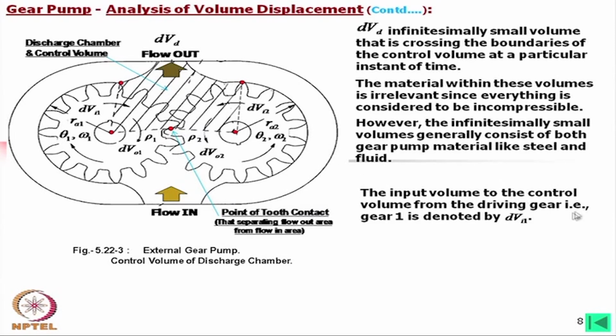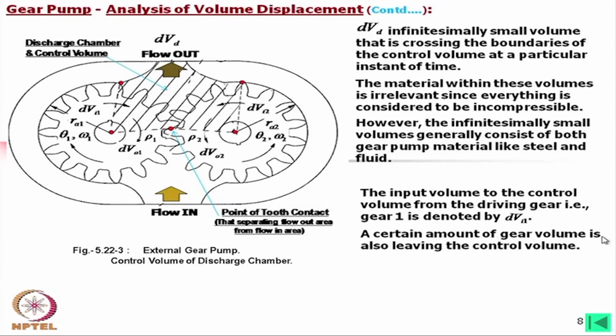The input volume to the control volume from the driving gear, that is gear 1, is denoted by dVi1. So, when gear 1 rotates by a very small amount d theta 1, dVi1 is going inside this control volume, within the boundary we have considered. This boundary itself is varying, but we have to consider it in terms of volume in and volume out.